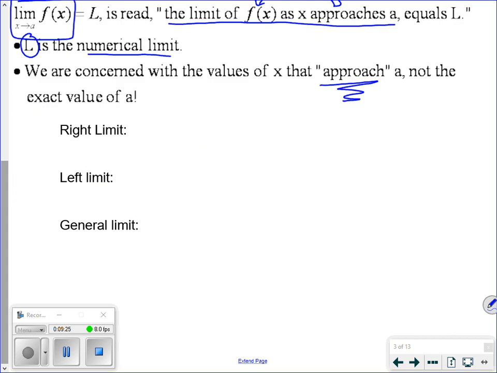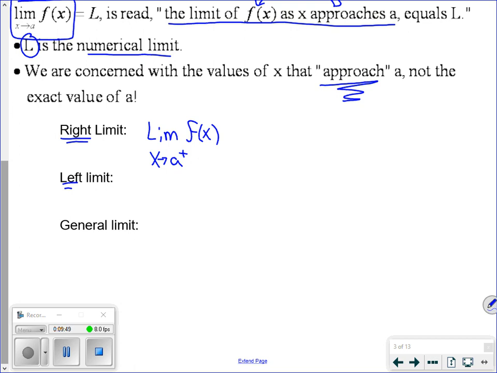Now, we talked about the generic limit from left and right, but we can also discuss it from different directions. We can talk about the right limit and the left limit. Let's show how that looks. So if I said right limit, I'm saying the limit of f of x as x is approaching A, and then we put a little plus symbol to signify that it's coming from the right.